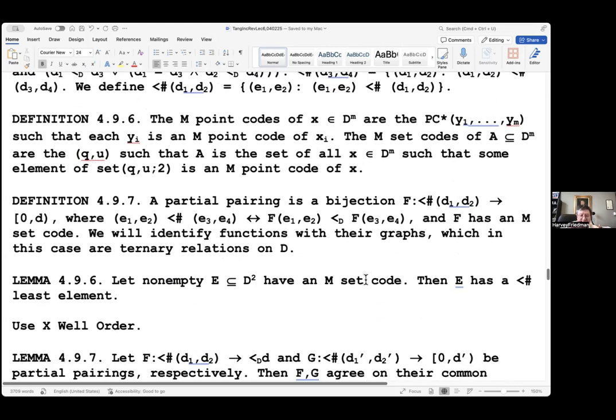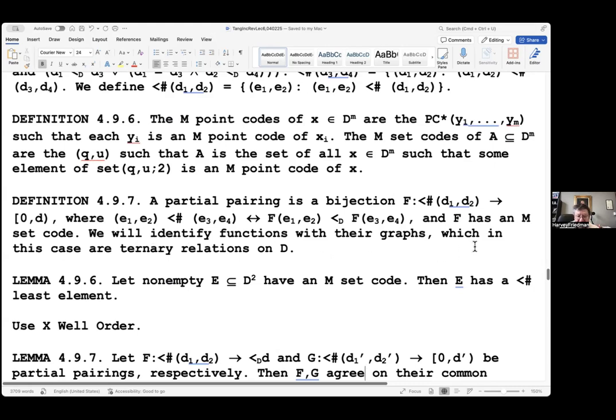A partial pairing is a bijection that does what it's supposed to in this building of a pairing function on capital D, not the old situation with positive rationals only. It is a bijection that works up to a point. And F has an M set code, which also has an M set code.